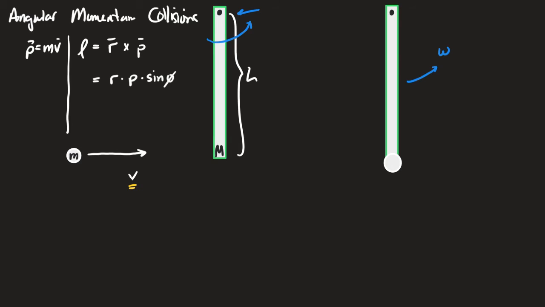And again, technically, r would be measured from the axis of rotation to where the object is. But as we discussed on Friday, we will probably use a different way of calculating the angular momentum because we don't know what r is. It's not given to us in most of these problems.